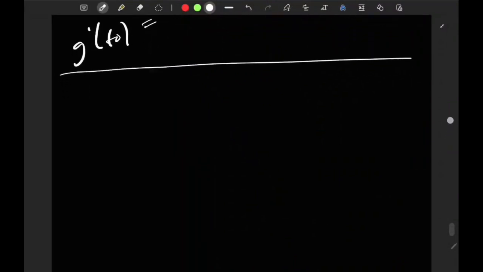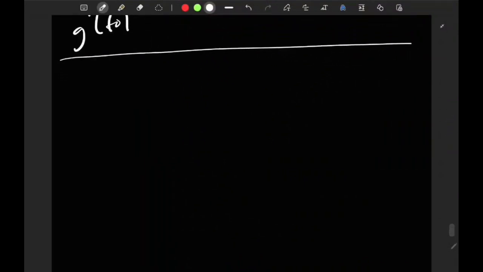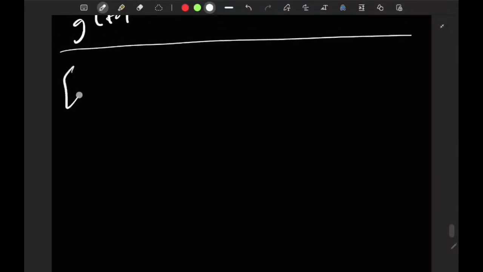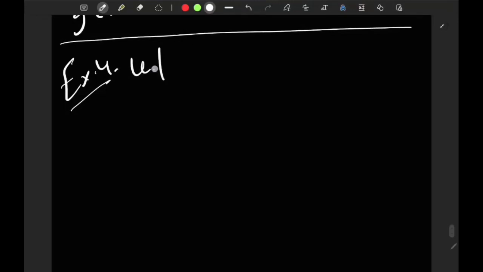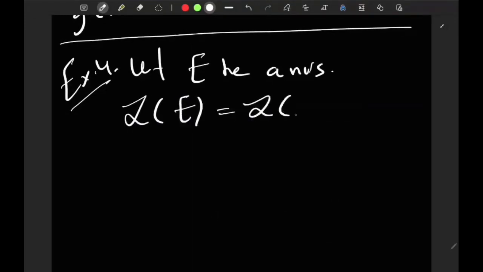This was just a warm-up. Let's move on to exercise 4 here. So exercise 4, its statement: let E be a normed vector space, and recall that we defined L of E to be the linear continuous maps from E to itself.